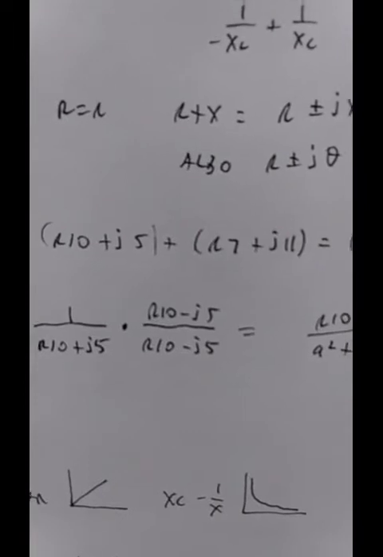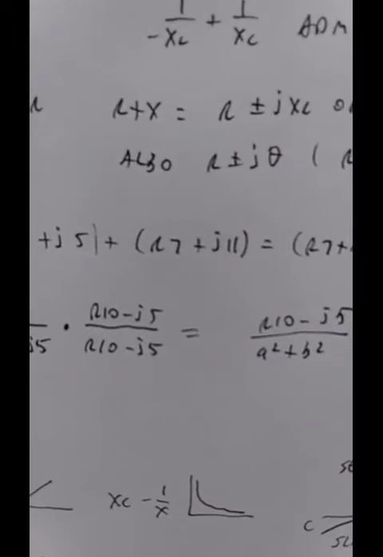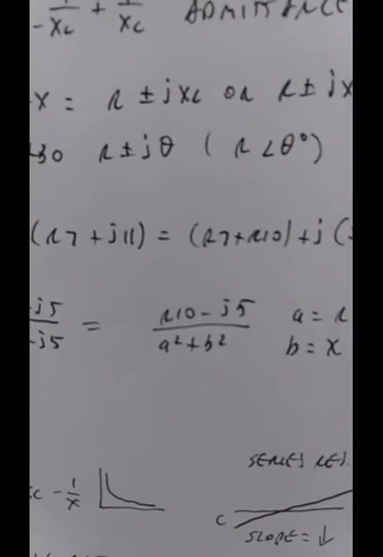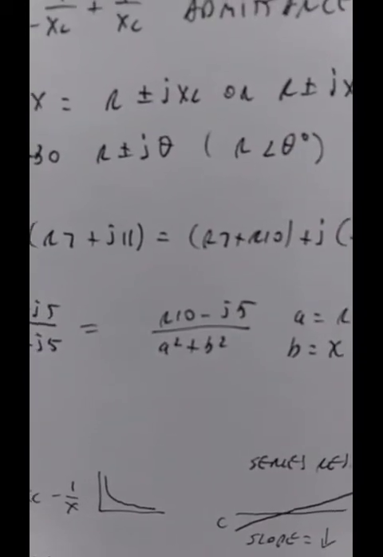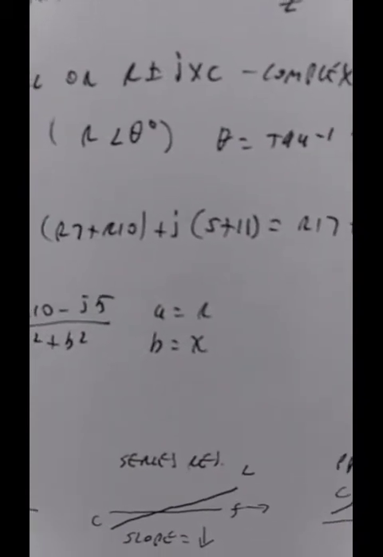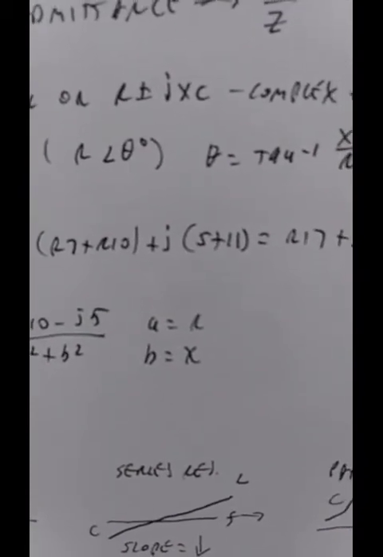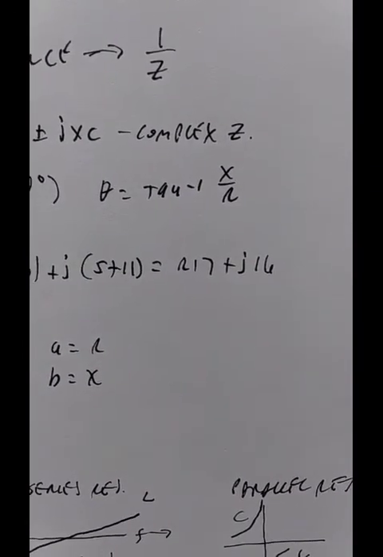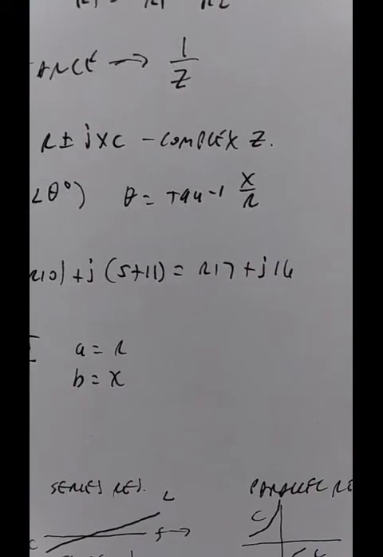R7 plus j11 means 7 ohms and 11 ohms inductive. To add them, we add the R's, 7 plus 10. We carry the plus j, because they're both inductive, 5 plus 11, which gives a total of R17 plus j16.